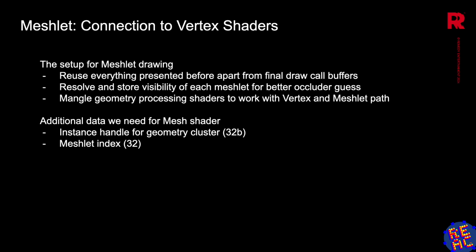After finding and reporting a lot of driver crashes, we ended up to a solution where we do single indirect dispatch mesh per pipeline state. For this setup to work, we need handle to mesh instance and index of meshlet that we are drawing.